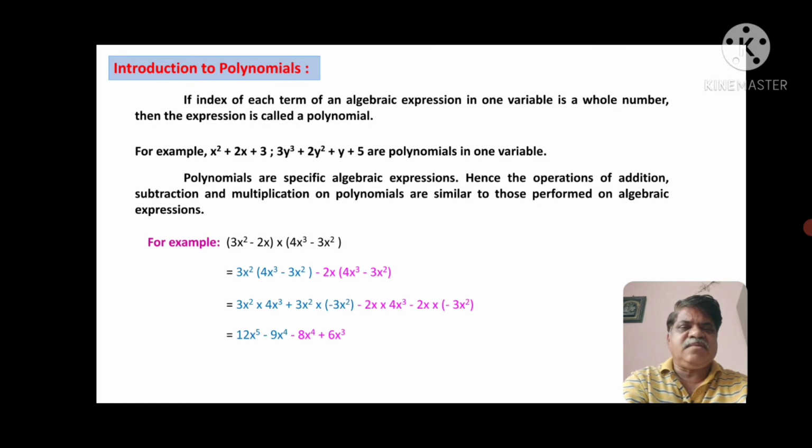So the answer of this product is 12x raised to 5 minus 9x raised to 4 minus 8x raised to 4 plus 6x cube. The answer will be 12x raised to 5 minus 17x raised to 4, since 9x raised to 4 and minus 8x raised to 4 get added, plus 6x cube.